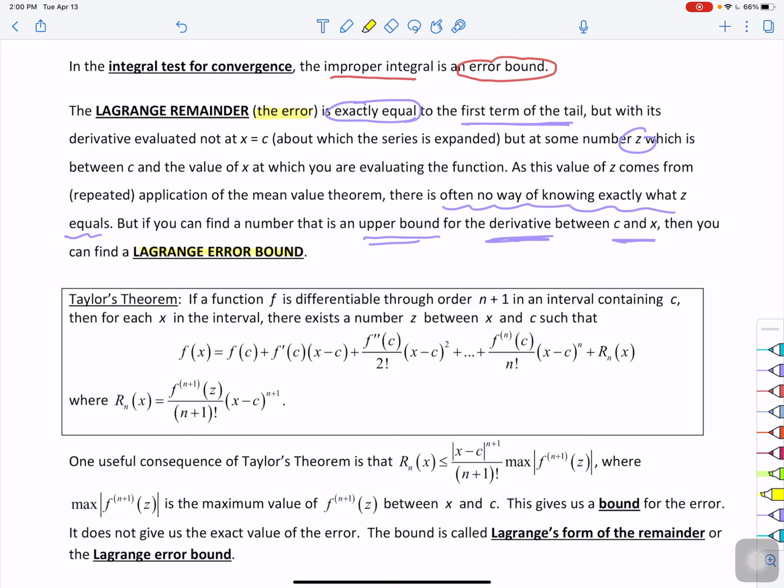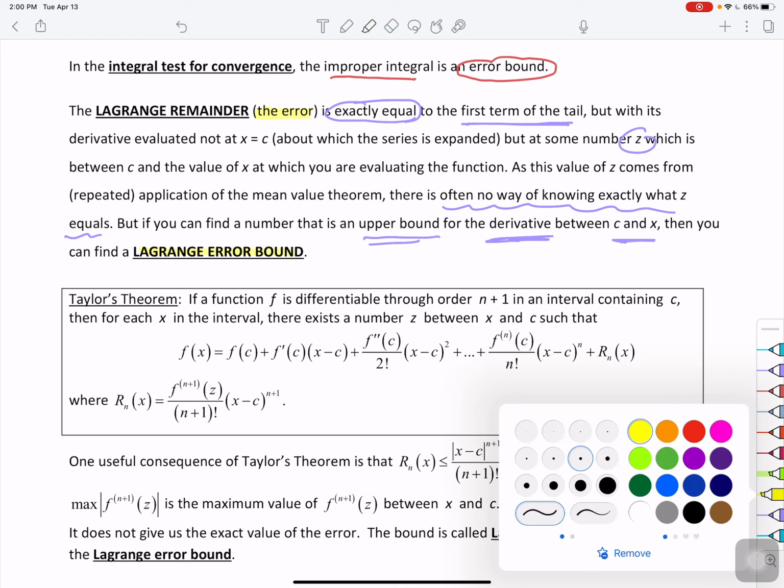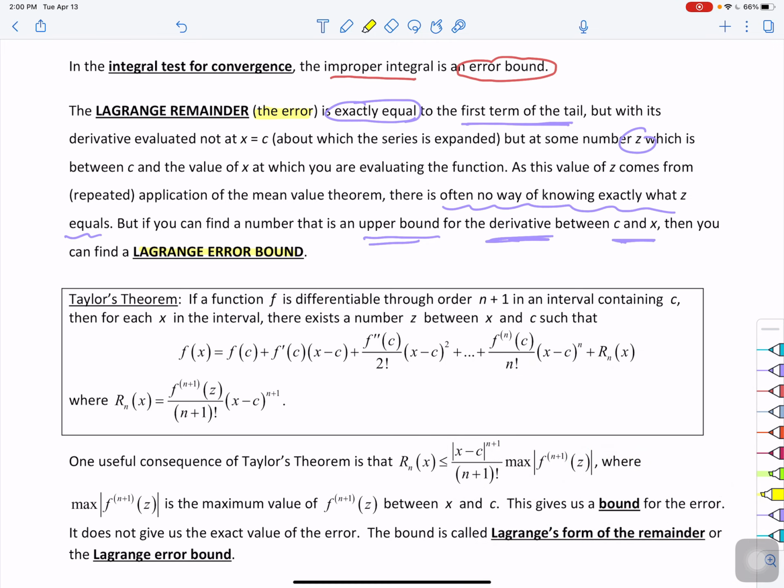So Taylor's theorem introduces a function f, and it's differentiable through order n plus 1. And it's in an interval containing c, and then for each x in the interval, there exists some number z between x and c, such that this remainder right here is here.